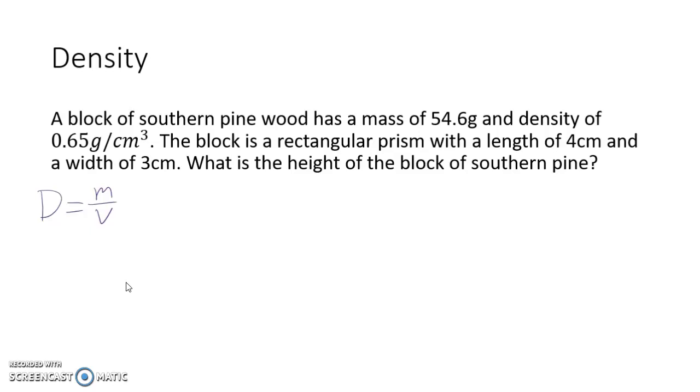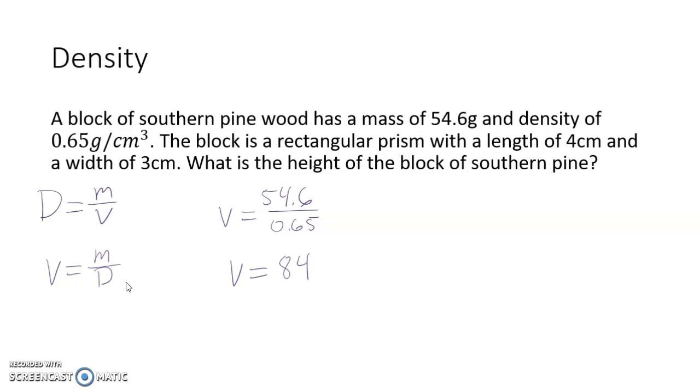All right, so we want to solve for volume. So I can actually manipulate my density equation to be the volume is the mass divided by the density. I'd make sure you have both of those in your notes. So our volume will equal our mass, so 54.6, divided by 0.65. So our volume is 84.